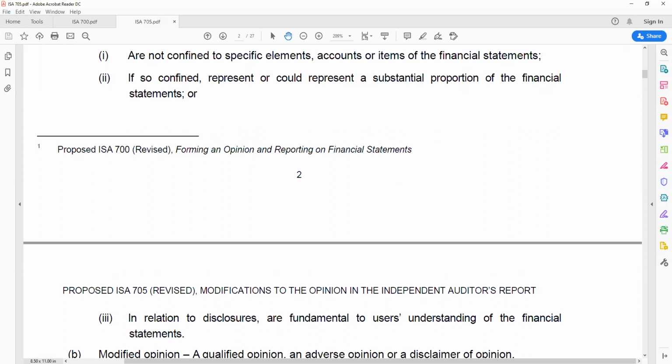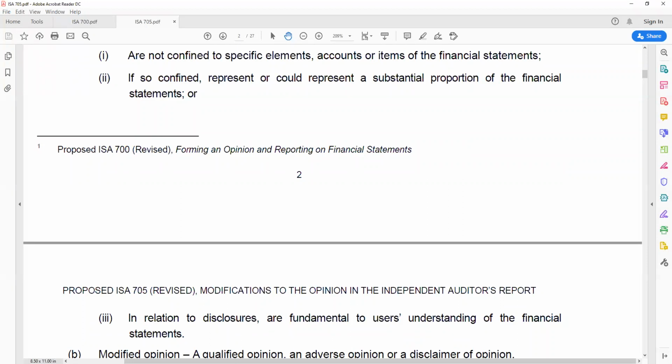That means if that disclosure is not made to the users, for example the going concern of the company, I think we've just gone through the accounts of Mia Sugar, if the company did not disclose its going concern issues, then that can be deemed pervasive. So if the disclosure regarding the going concern issues is not made, that represents a pervasive matter.